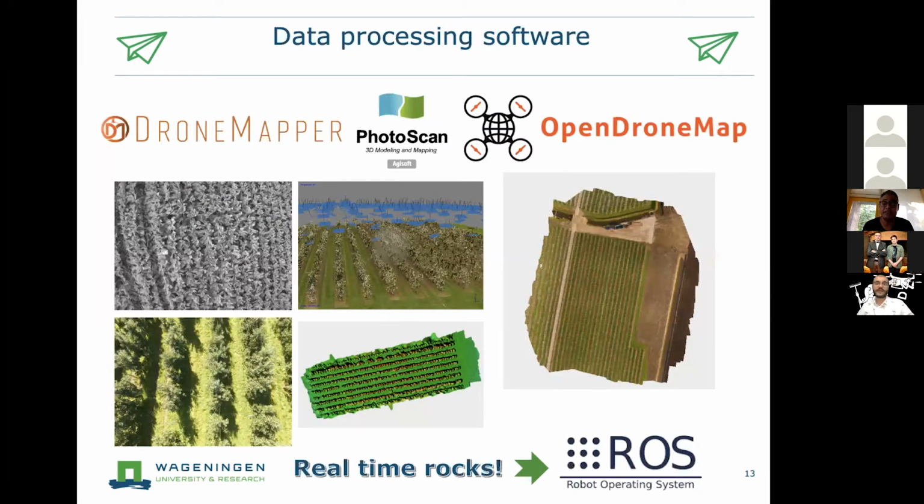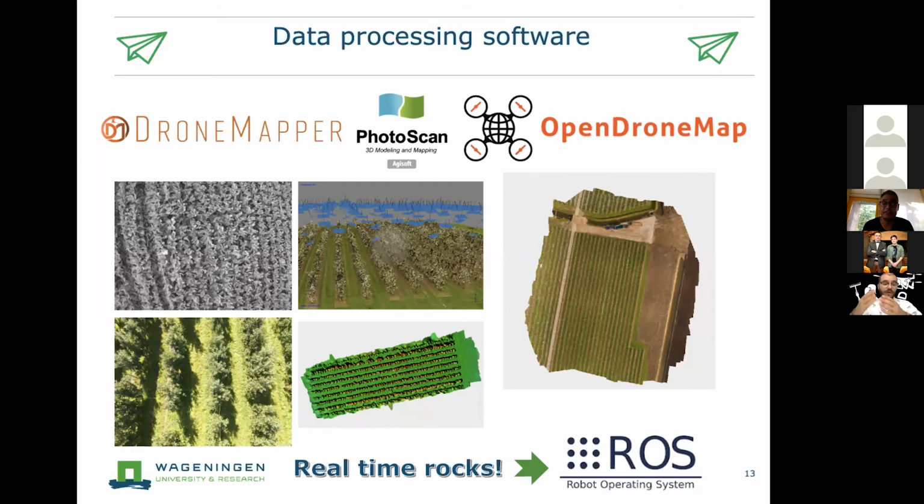As far as data processing is concerned, it also depends on what you have available. You can get very professional and high quality software for processing the data and transforming the UAV images into UAV products. From an RGB image, you can have an orthomosaic, you can have a point cloud.